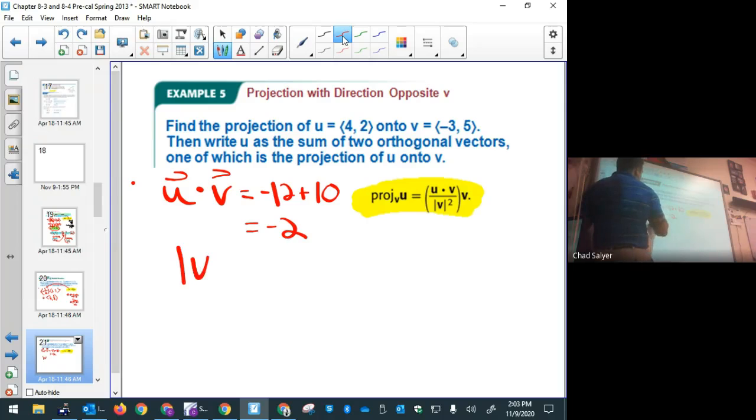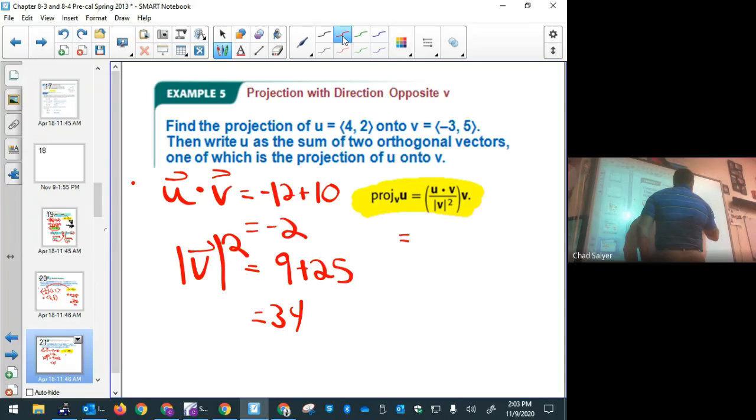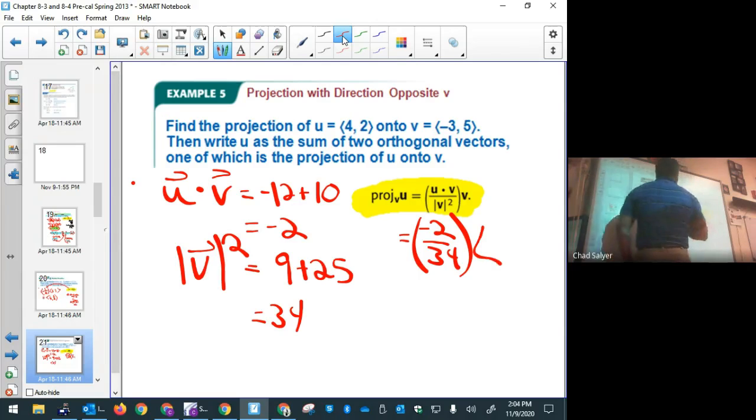And then magnitude of V squared, that's going to be 9 plus 25, or 34. So what I've got here is -2 over 34 times -3 comma 5.